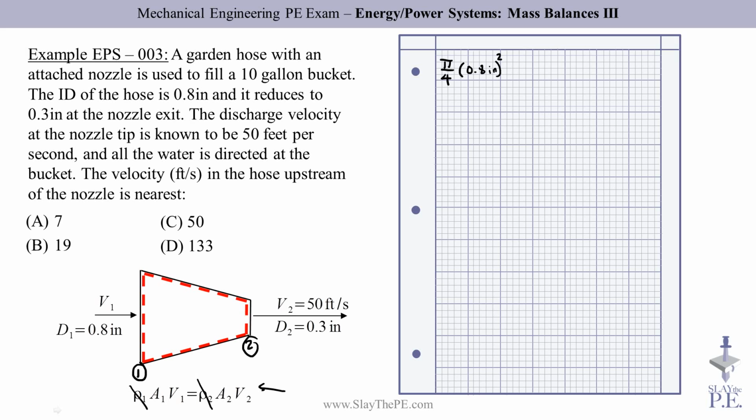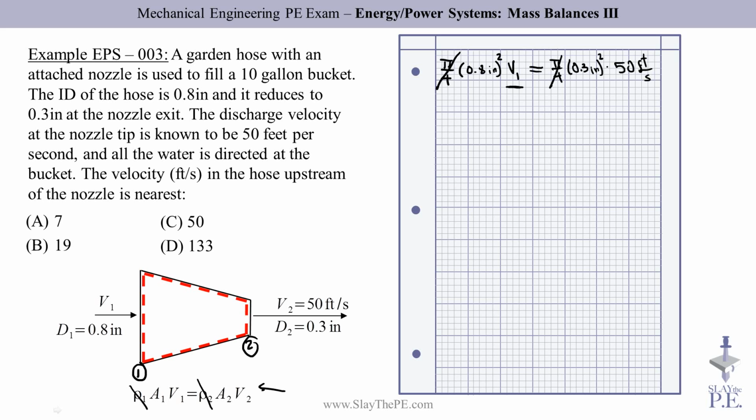So then we would write that. The area at section 1 is pi divided by 4 times 0.8 inches squared, times the velocity V1, which is what we're after, must equal the area at section 2 times the velocity at section 2, which is given as 50 feet per second.